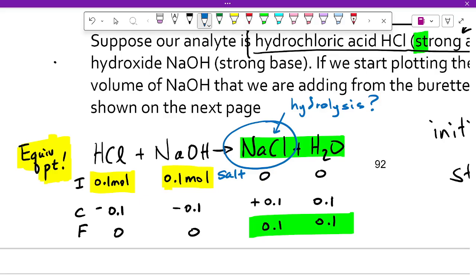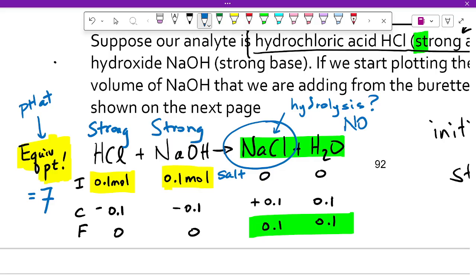Okay? So the answer is no. And therefore, the pH at the equivalence point equals 7 when we have a strong acid-strong base titration. Because all you've got is a salt that does not hydrolyze, so it just sits there and does nothing, and you've got water, which does nothing, so the pH is 7. Is that good?